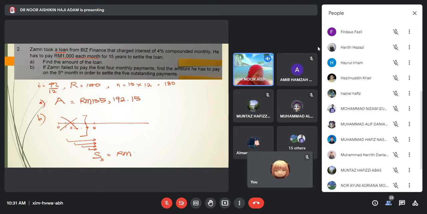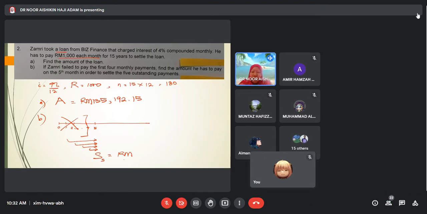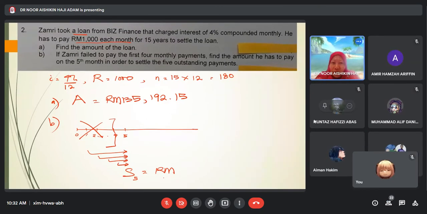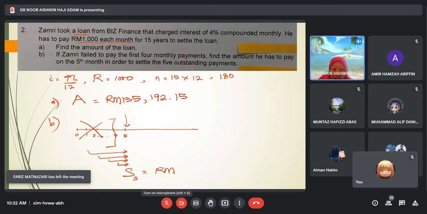Not quite. 49 tu tak tepat. You cari S apa? S4 ke S5? Saya cari S4. Oh. Sebab itulah tak cukup. Dia kena S5 because there is one payment due here. Yang dia nak bayar sekali dengan yang semua yang tertunggak tu. So we are looking for S5, not S4.